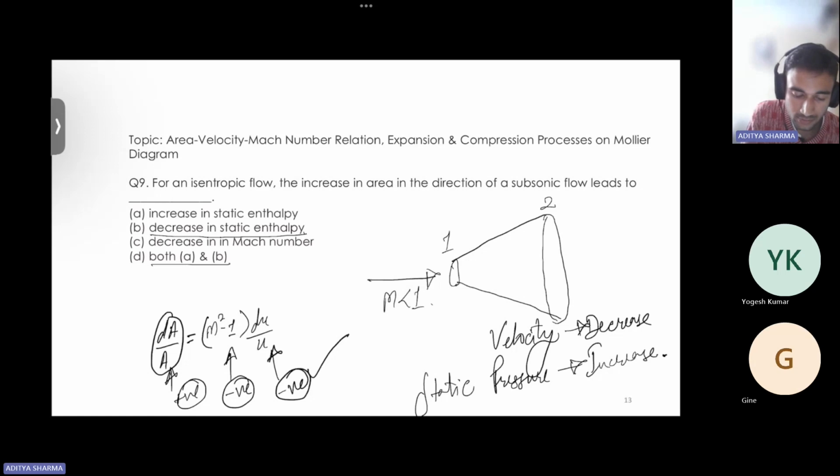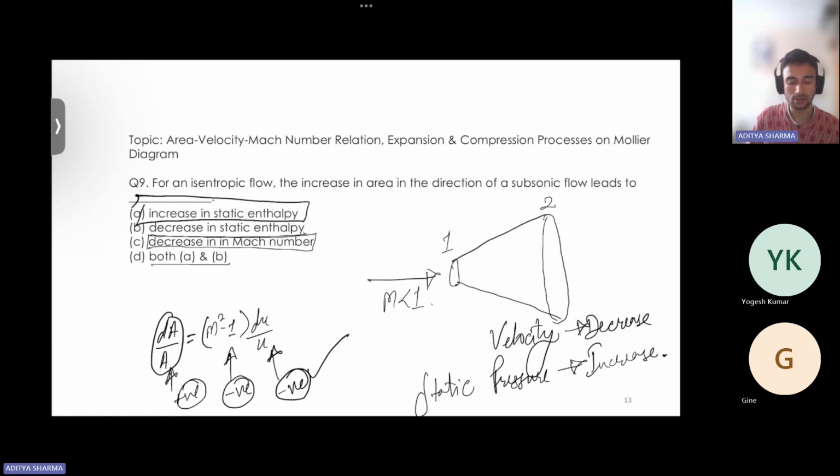It should have been a decrease in Mach number, and this should have been the increase, because its potential has increased.